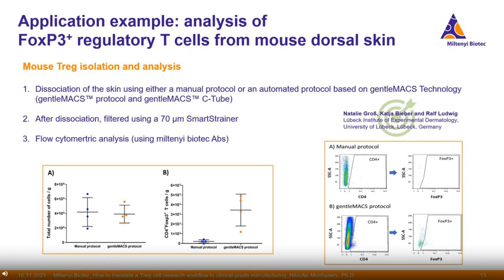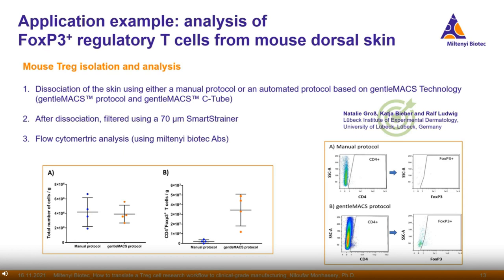As you can see here, the total number of these cells was compared between the manual protocol and the gentleMACS protocol. With the gentleMACS protocol, you see that you have less variation. And in the next graph, you can see a really high difference in CD4 positive FOXP3 positive Tregs from gentleMACS in comparison to the manual protocol, which shows the good efficiency of this device and the combination of products to dissociate the tissue.